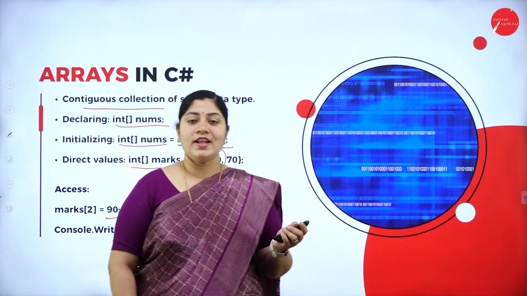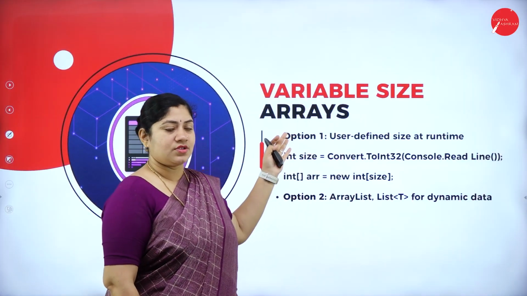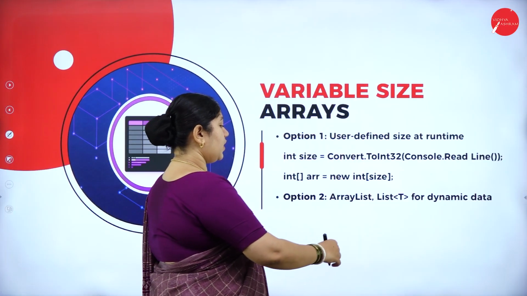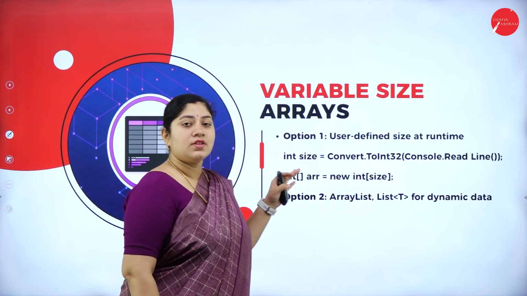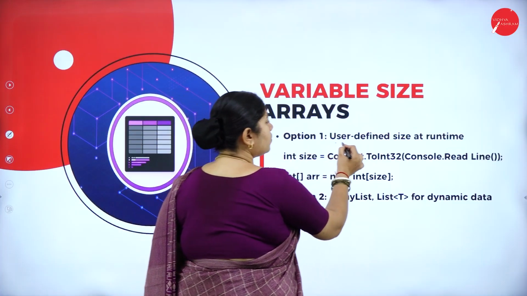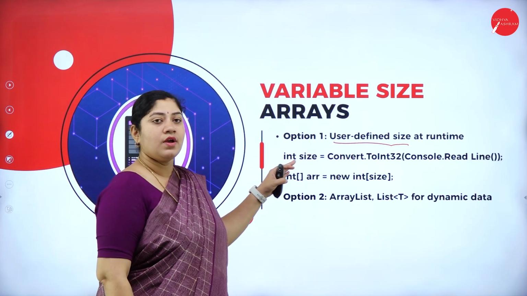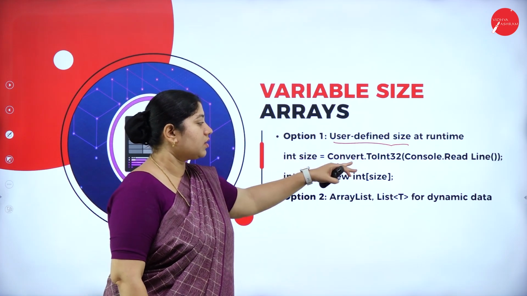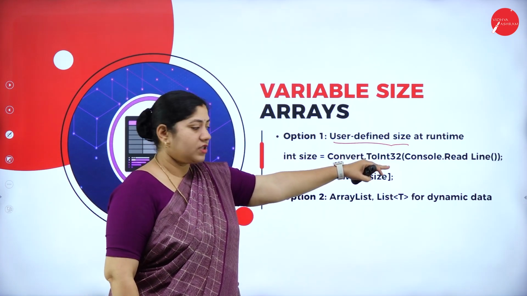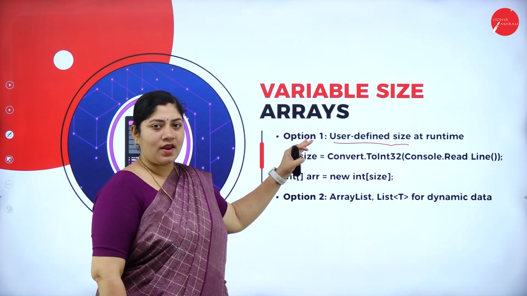Up next, let's see variable size in arrays. We can define the arrays in two different ways. The first one, we can define a user-defined size at runtime as in size equals Convert.ToInt32 of Console.ReadLine.